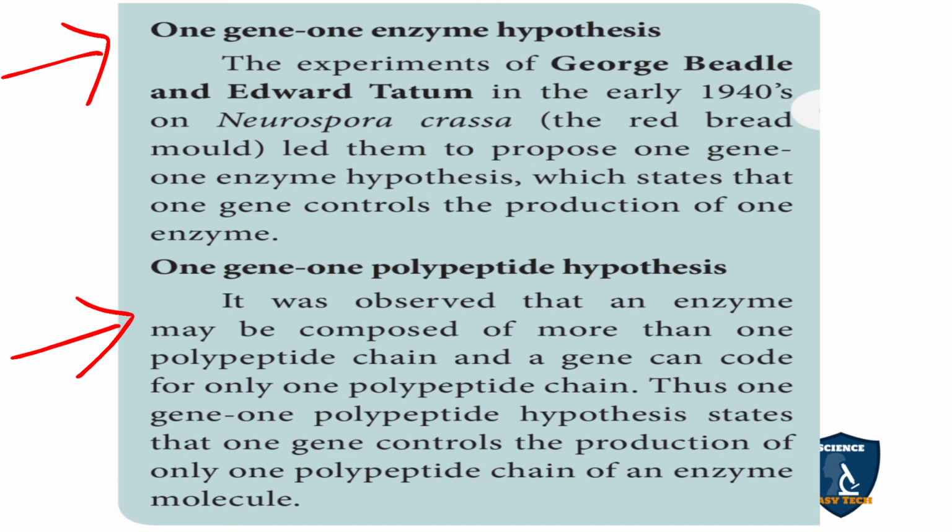That is, one gene controls one polypeptide chain of an enzyme. Okay. And they may ask in 1 mark in your NEET exam: who proposed the one gene, one enzyme hypothesis? Beadle and Tatum. And they may ask to state the one gene, one polypeptide hypothesis in your 2 mark or 3 mark question.